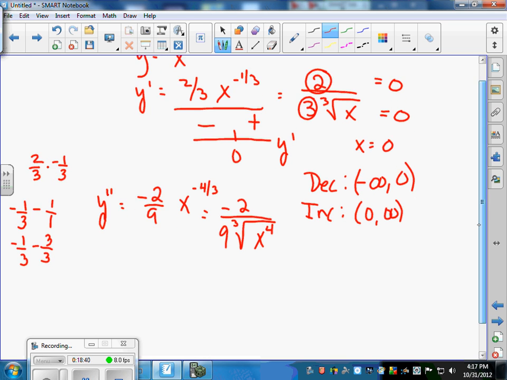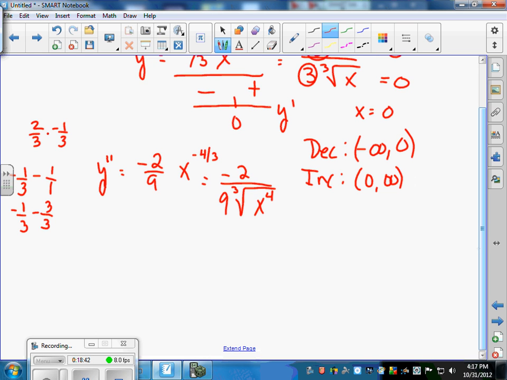Again, I find out what would make the second derivative 0 or undefined. Nothing's going to make the numerator 0. The denominator is 0 at 0. Now, if you look at this carefully, you really don't have to substitute in numbers, because the only place I need to worry about is what's happening with this radical. That's where the variables can change. The negative on the top is always going to be negative.